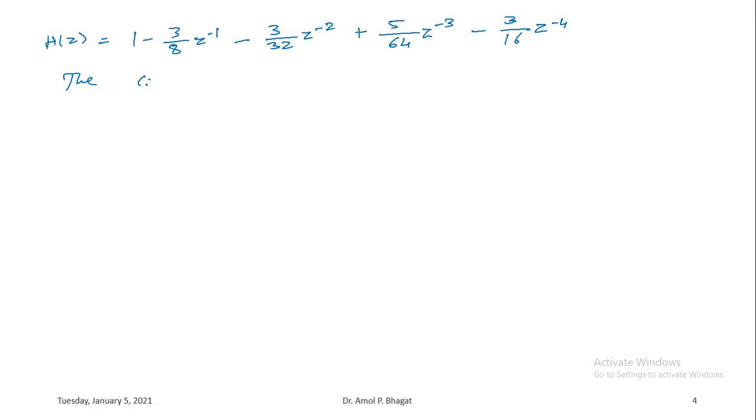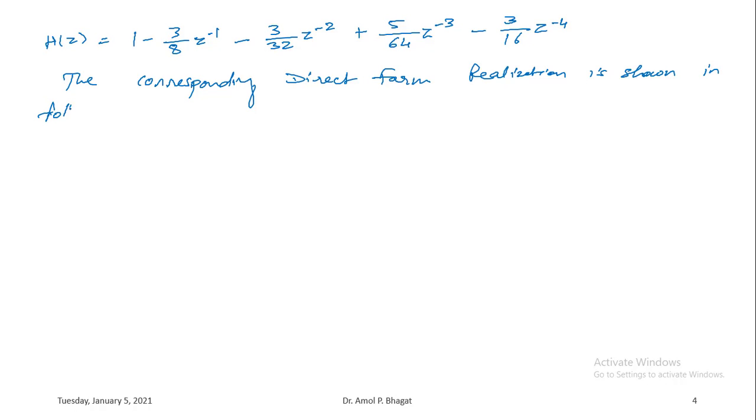The corresponding direct form realization is shown in the following figure. Okay, so here again you can indicate input x of n or x of z, right?